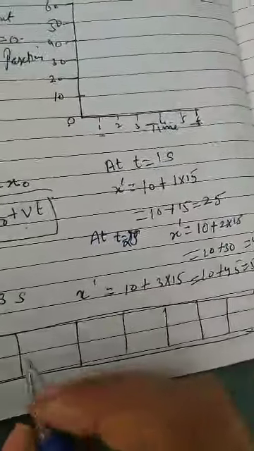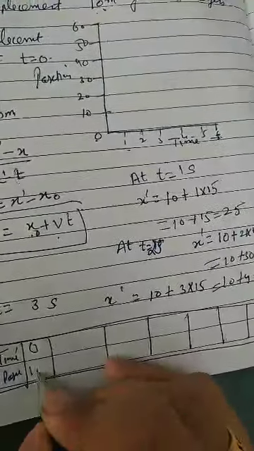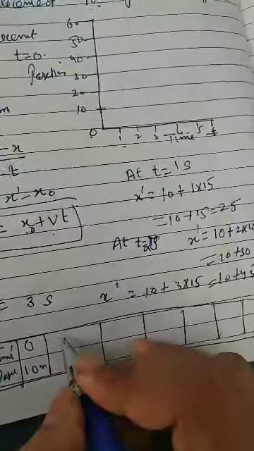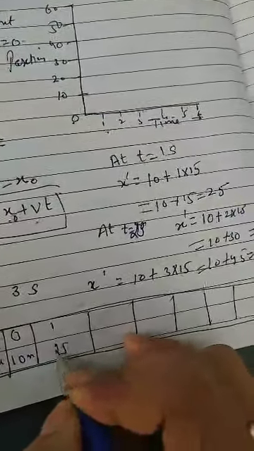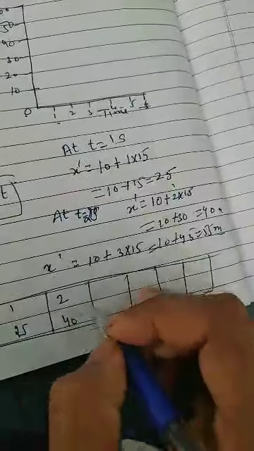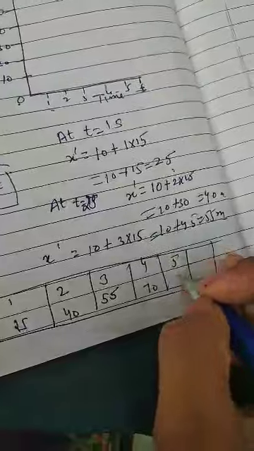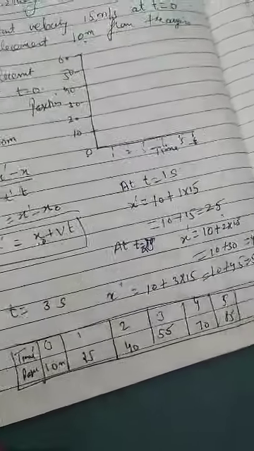For different timings we will find the values of position. At 0 it is 10 meter, at 1 it is 25, already we have found out here. At 2 it is 40, at 3 it is 55, at 4 it is 70, at 5 it is 85, and so on.